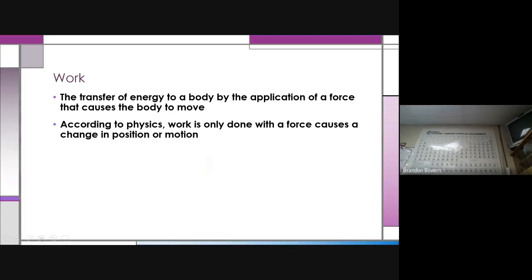According to physics, work is only done with a force that causes a change in position. So I can push on this door as hard as I can, putting a lot of energy and a lot of force into it. But is any work being done? No. Right? Well, maybe a little bit of work. I'm just kidding.